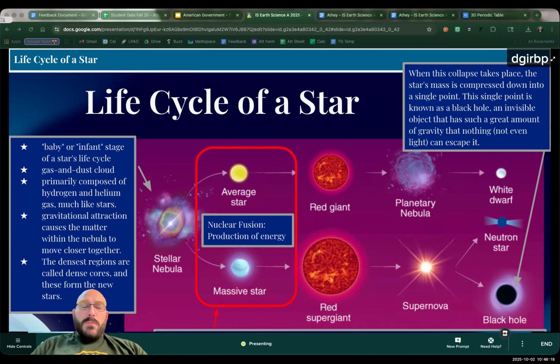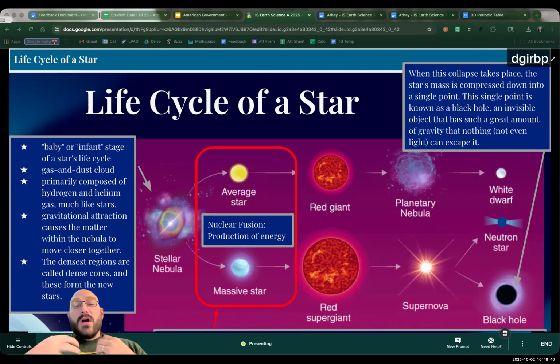You're never going to have a red giant explode into a supernova. It can't happen, because there's not enough stuff to create a gravitational pull strong enough to smash together heavy enough elements to create a big enough explosion.